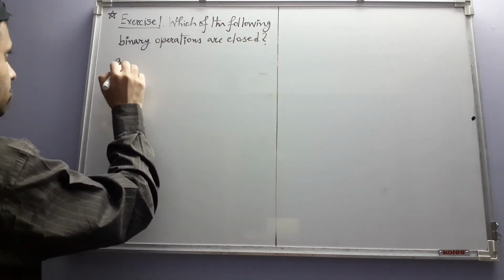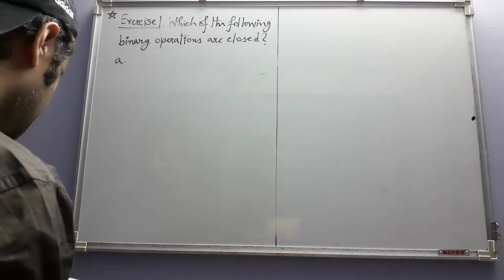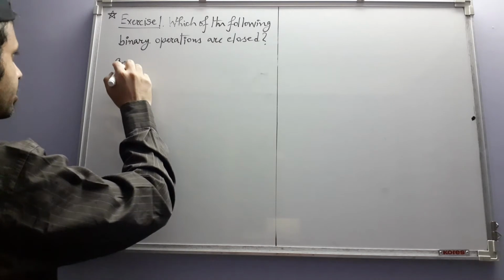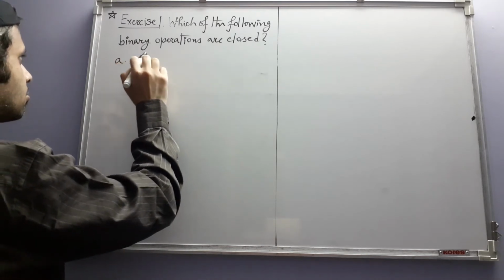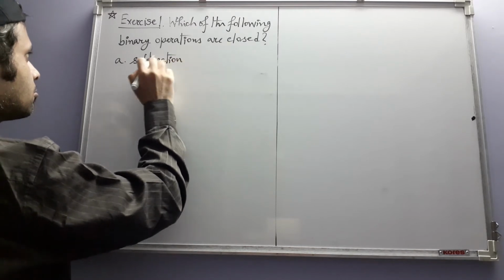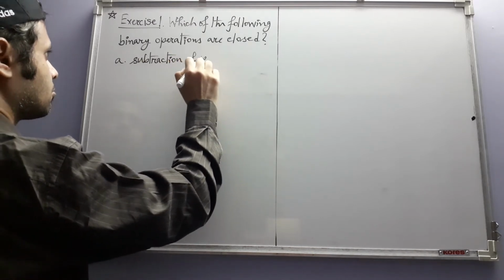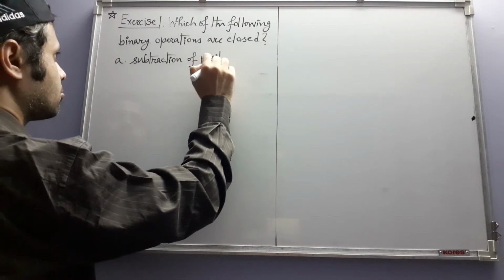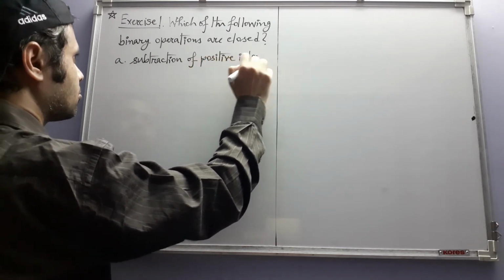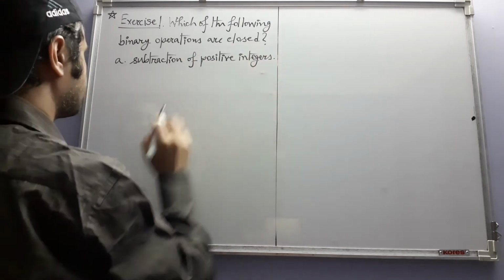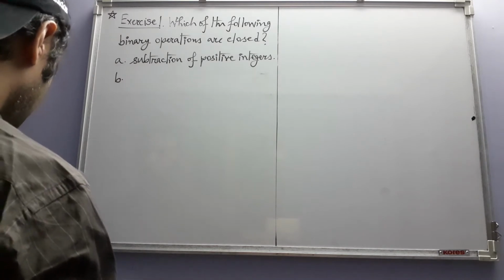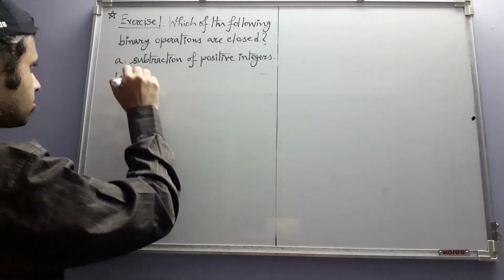Okay, so we have 4 subdivisions here. The first one is subtraction of positive integers. Part B, division of non-zero integers.